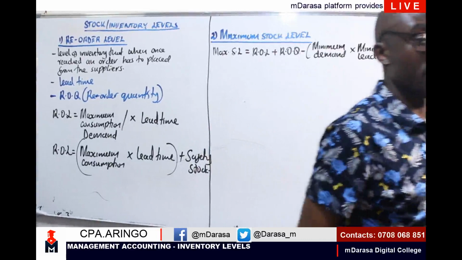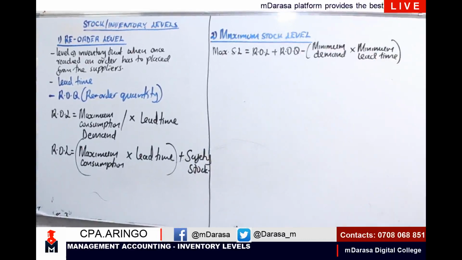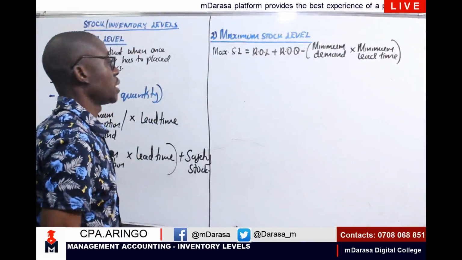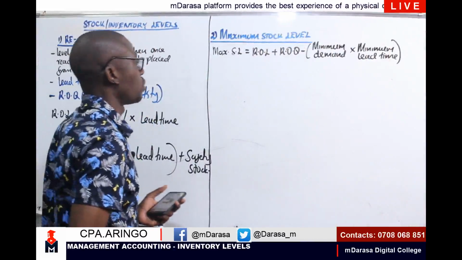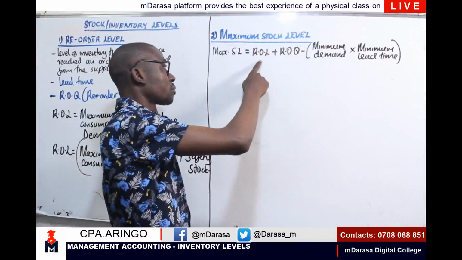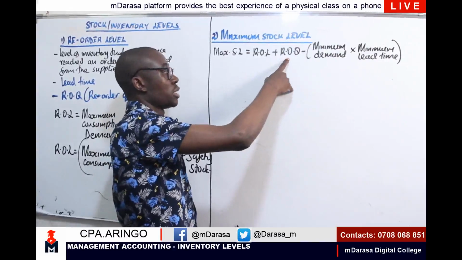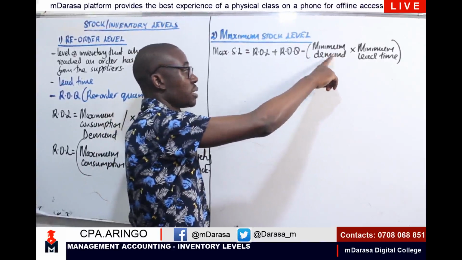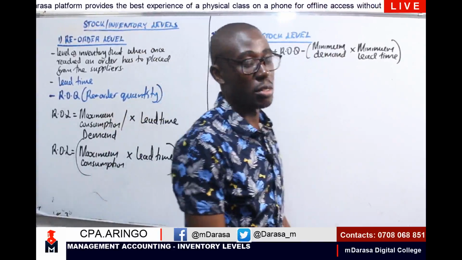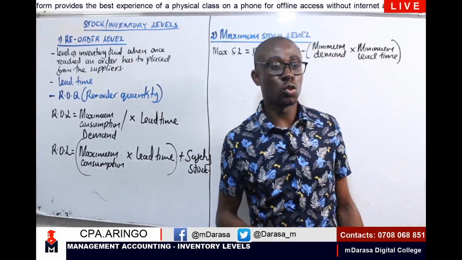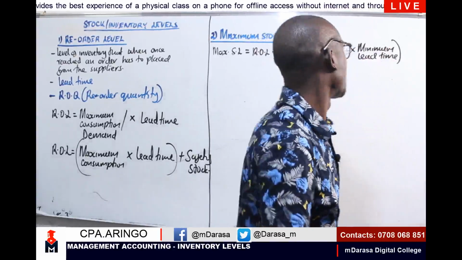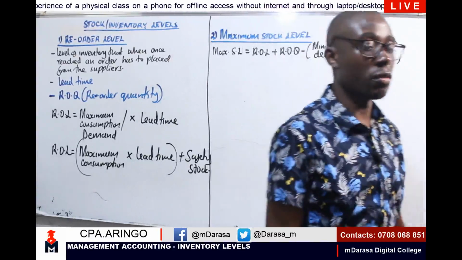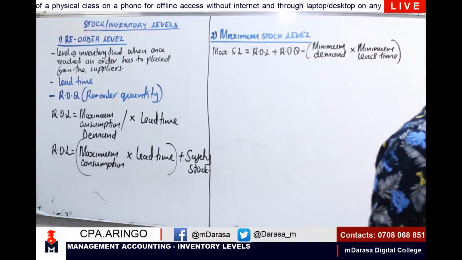So basically that is how we are supposed to determine our maximum stock level. Simply, we are talking of our reorder level plus our reorder quantity, less the minimum consumption or demand times minimum lead time. That is what will give us what we are referring to as maximum stock level.